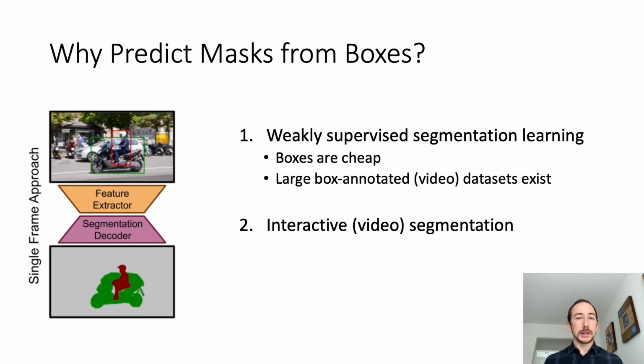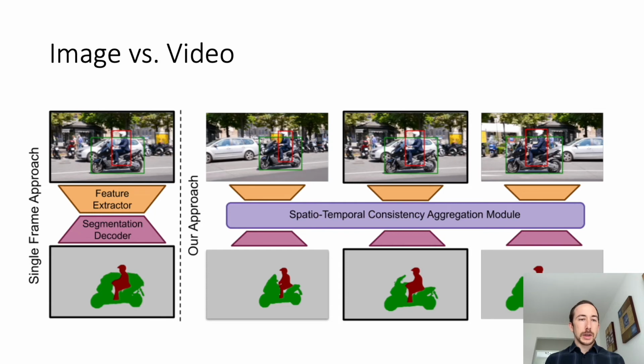But this task itself also has important applications. For instance, if you want to do interactive video segmentation where the user gives a bounding box. You can of course try to solve this problem by only considering single images. So then you solely have one input image and the bounding box, and you want to predict the segmentation mask.